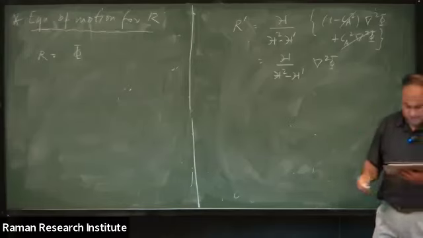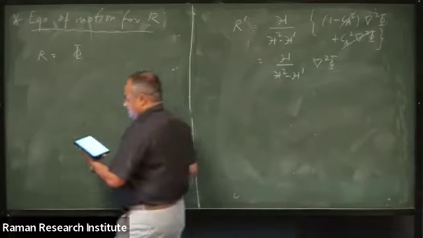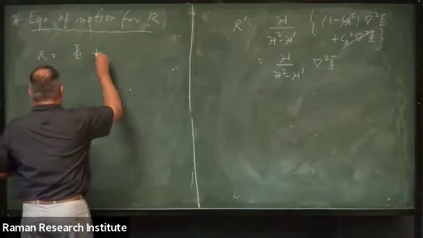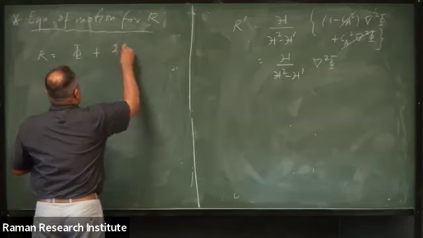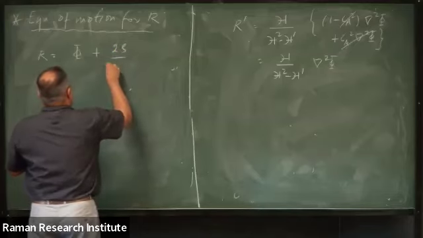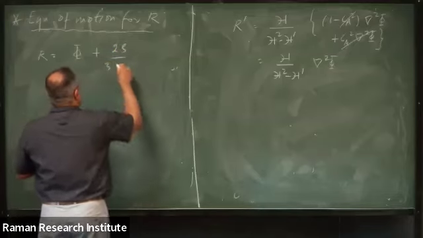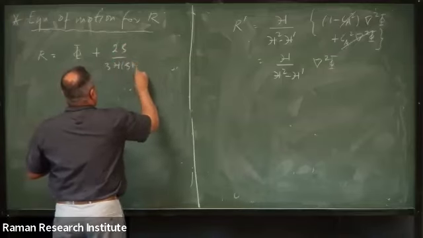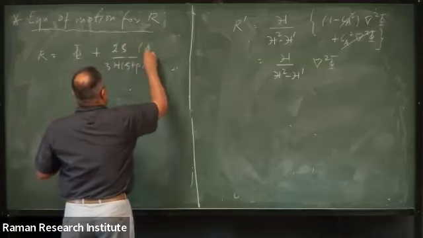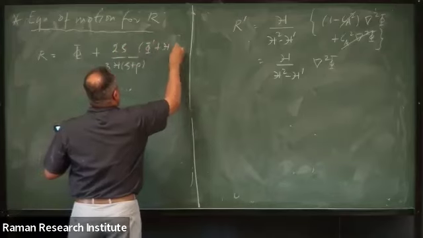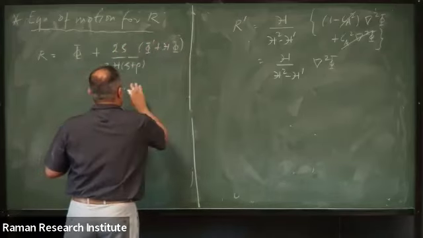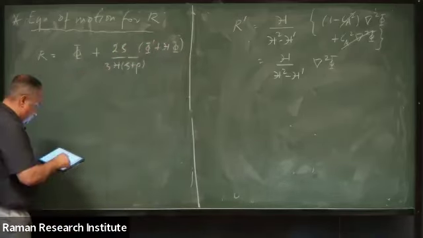There is only one perturbation variable. Using these relations, you can obtain this equation for delta Q: 2 rho by 3 script H into rho plus P, into phi prime plus script H phi. This is what it is.